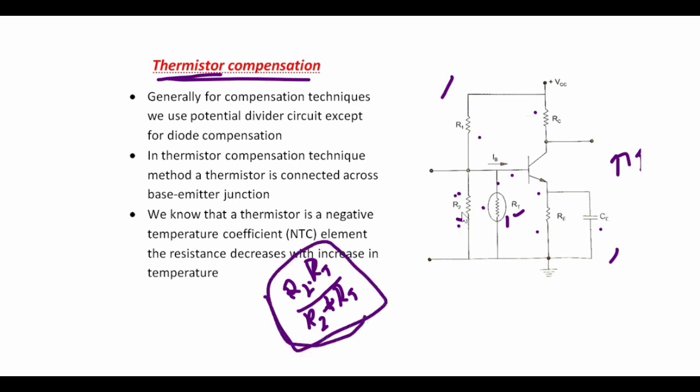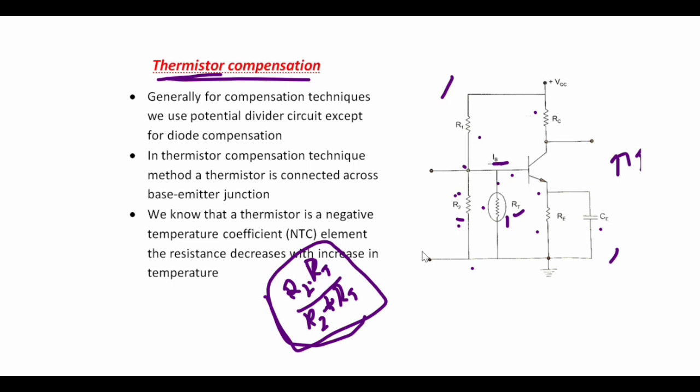If the equivalent resistance decreases at this point and throughout this branch, then the voltage drop across the equivalent resistor also decreases. This decrease in voltage will decrease the base current, that is IB. We have seen earlier that the emitter current IE is equal to IC plus IB.